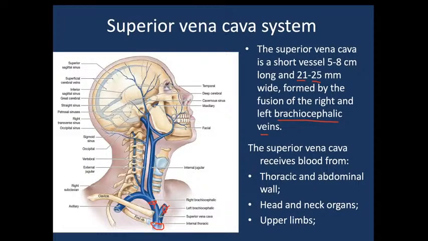They are tributaries of the vena cava superior, and they are called brachiocephalic veins. Please don't forget this fact.